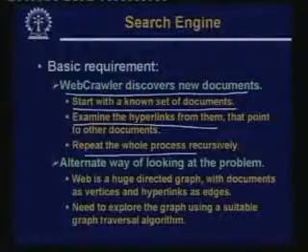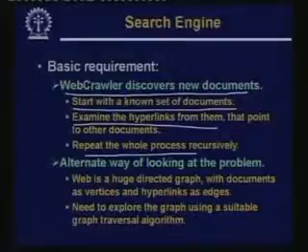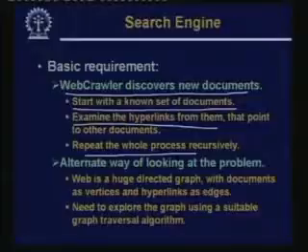So, as I said, alternatively we can view the web as a graph. The alternate way of looking into this problem is the web is regarded as a huge directed graph. The documents are the vertices or the nodes, the hyperlinks are the edges.